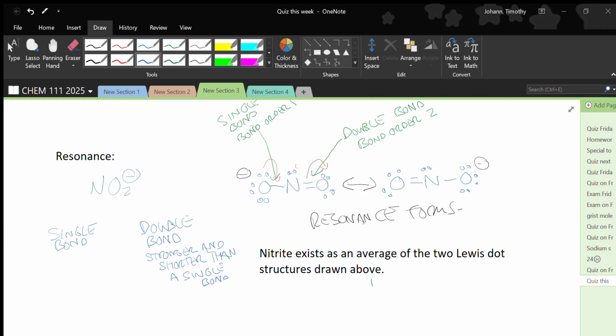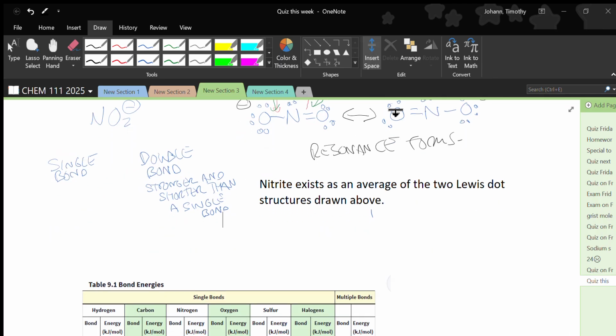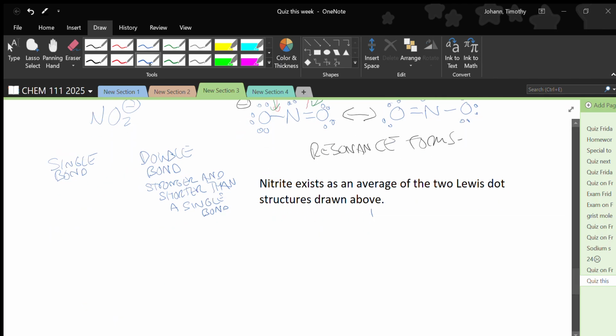So if I was to measure the lengths of these bonds, and we have methods to do that, and they actually looked like the Lewis dot structures, I should see something that looks like this, if I exaggerate it.